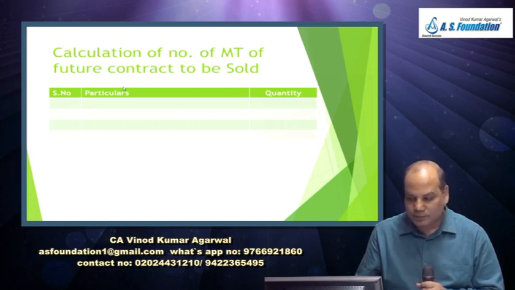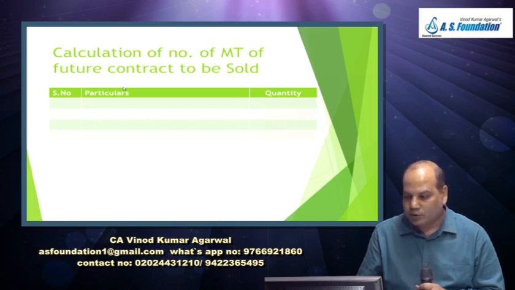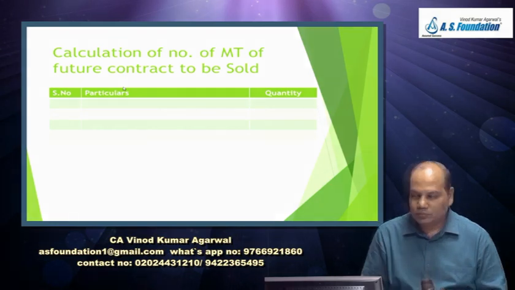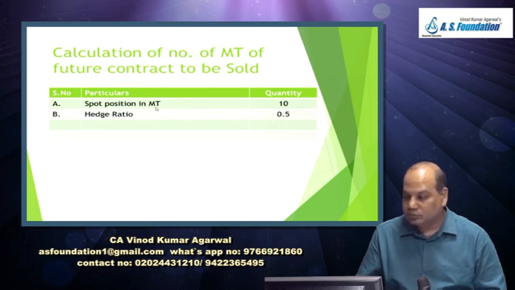calculation of number of metric ton of future contract to be sold. Right hand side quantity. What is the spot position in metric ton? 10.